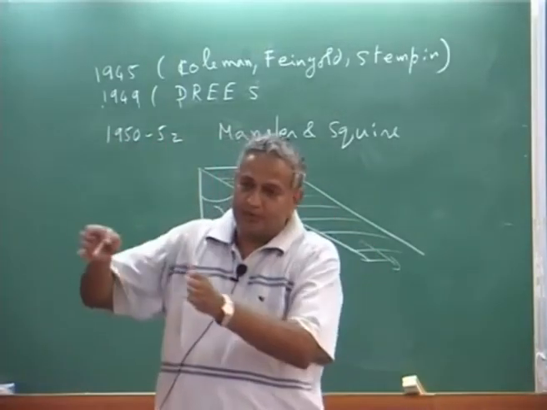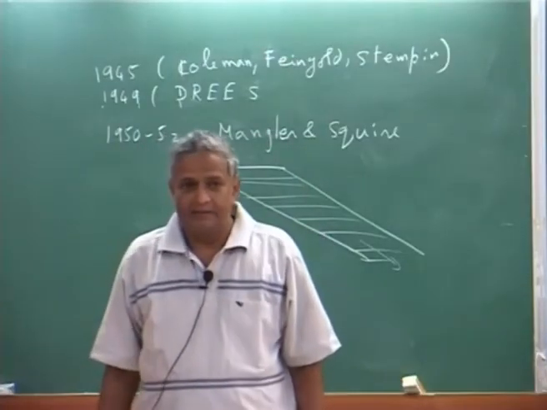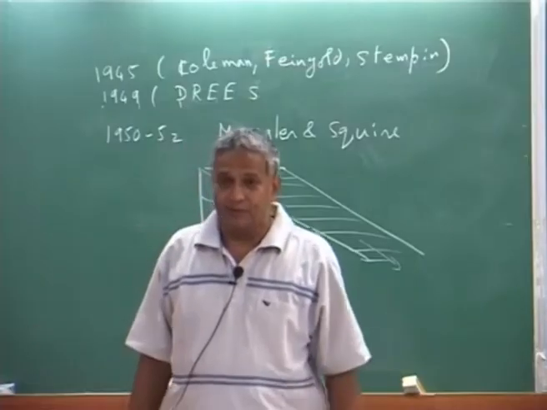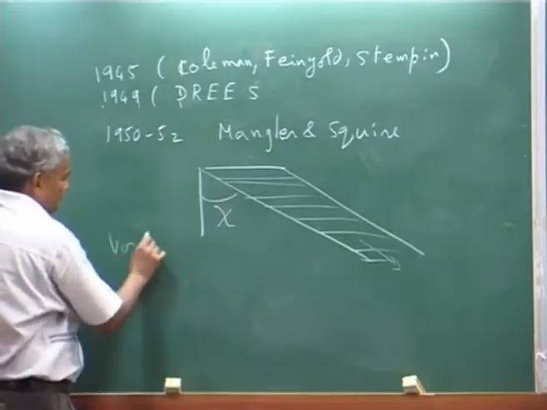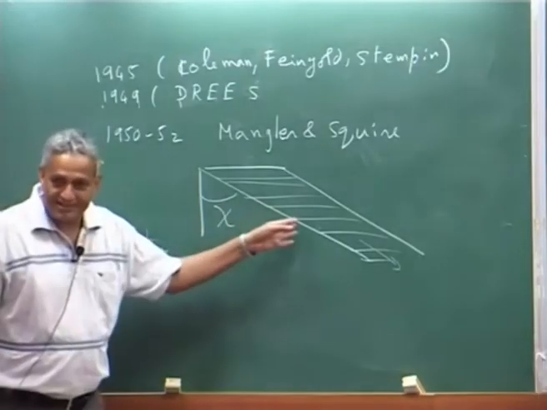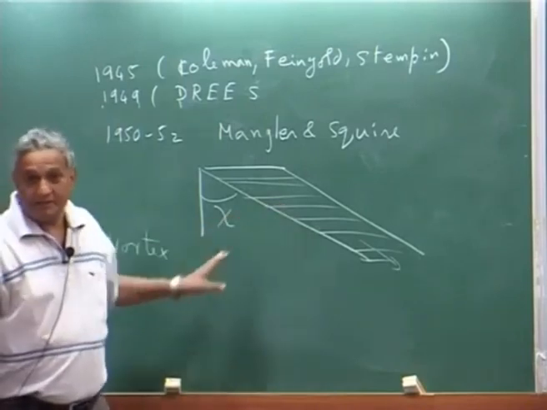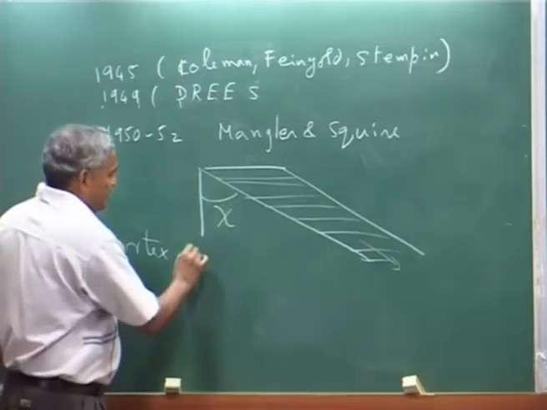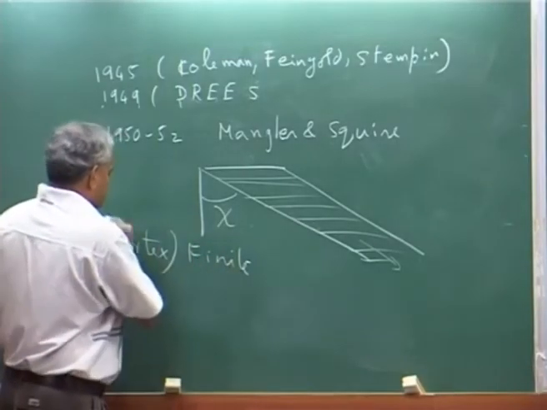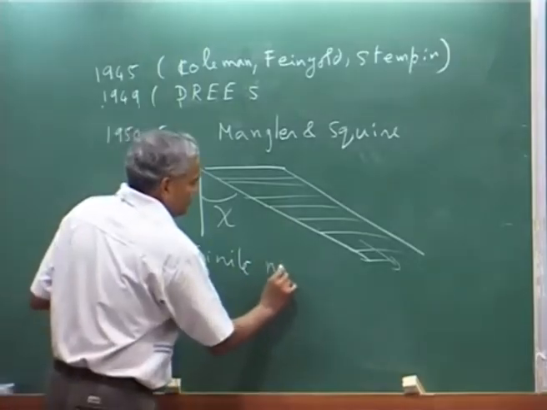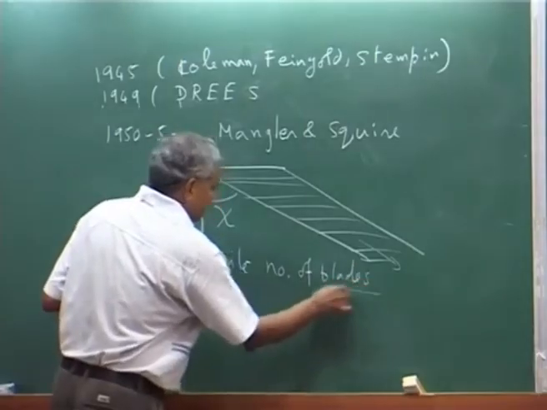So, you have to have vortex theory, similar to fixed wing lifting line vortex. This is also vortex theory only, but it assumes an infinite number of blades, whereas here it is a finite number of blades. Okay, vortex theory, finite number of blades, which is the realistic situation.